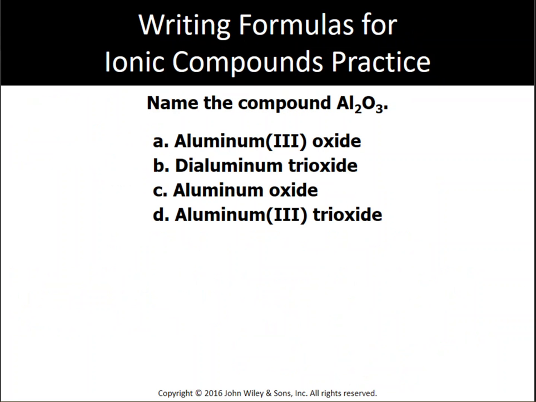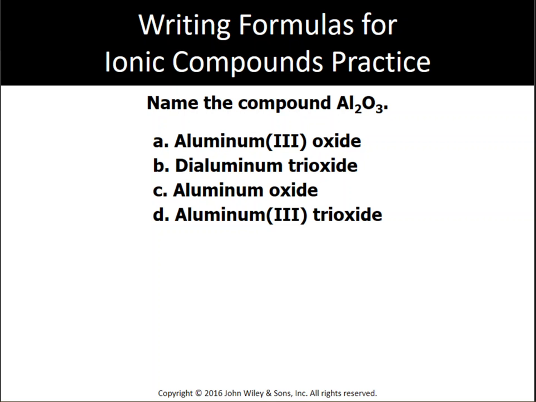You want to name this compound, Al2O3. Is this an ionic compound? Yes. How do we know it's an ionic compound? Very good. It's composed of a metal, aluminum, and oxygen, a nonmetal.